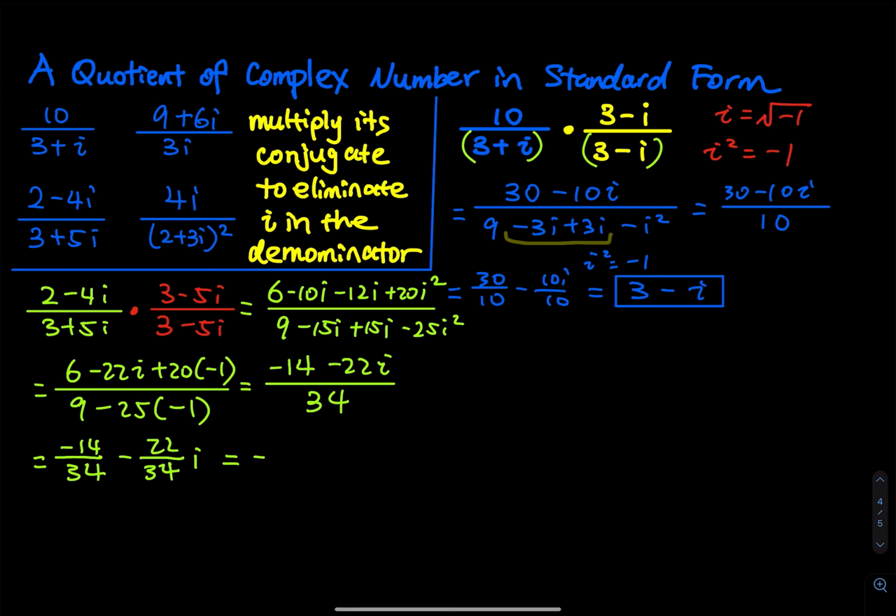So you have a negative 7 over 17, and then minus 22 divided by 2 is 11, 34 divided by 2 is 17, and then you have an i. So this is your answer in standard form. As you can see, there is no i in the denominator.